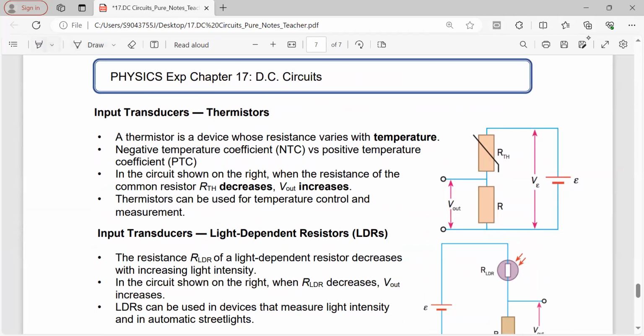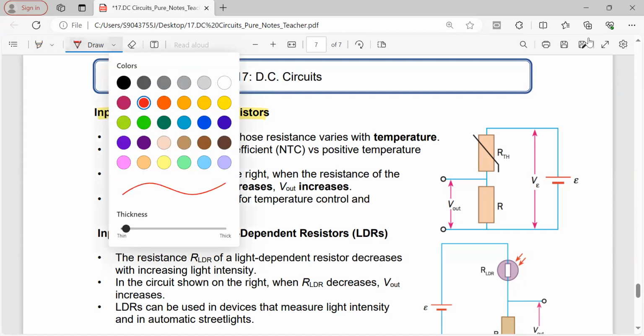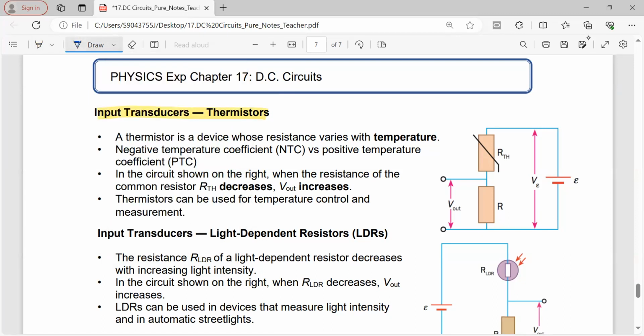The first one is a thermistor. For thermistors, there are two types: NTC, which is a negative temperature coefficient, and PTC. They are slightly different.